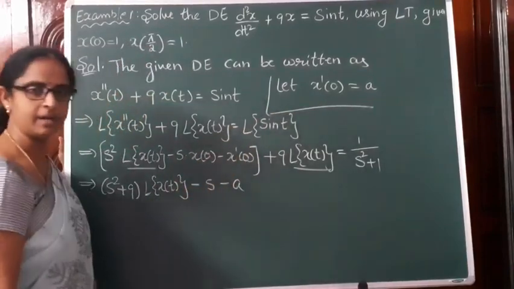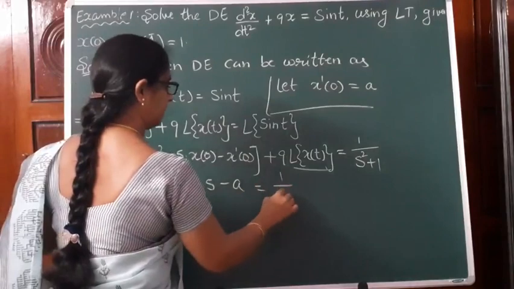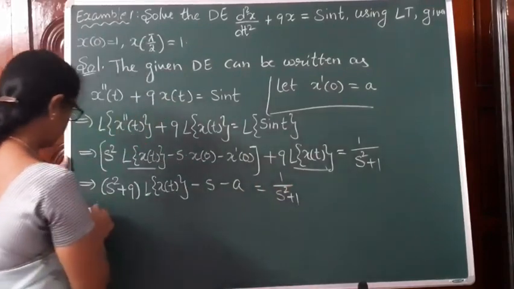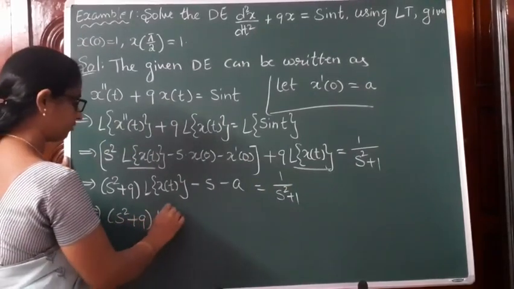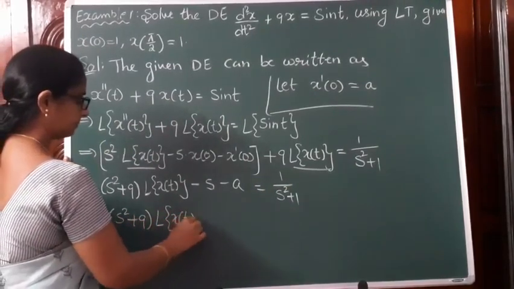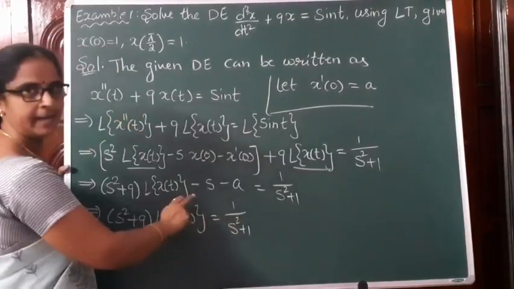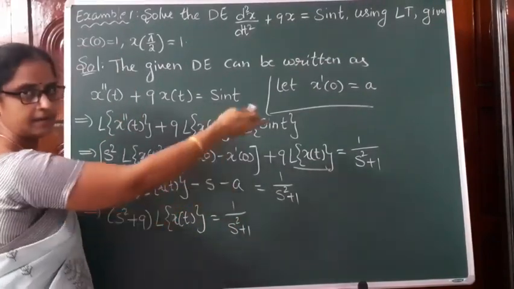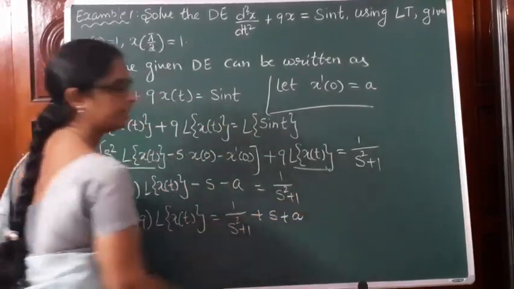It is not given, but we assumed it as a, is equal to 1 by s square plus 1. From this, s square plus 9 into L of x of t is equal to 1 by s square plus 1 minus a minus s minus a. When it comes to right hand side, it becomes s plus a.